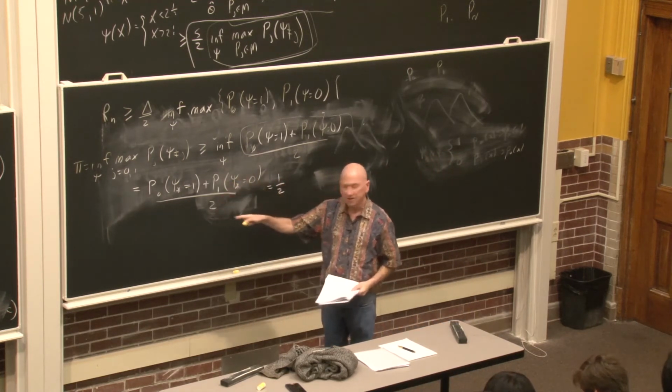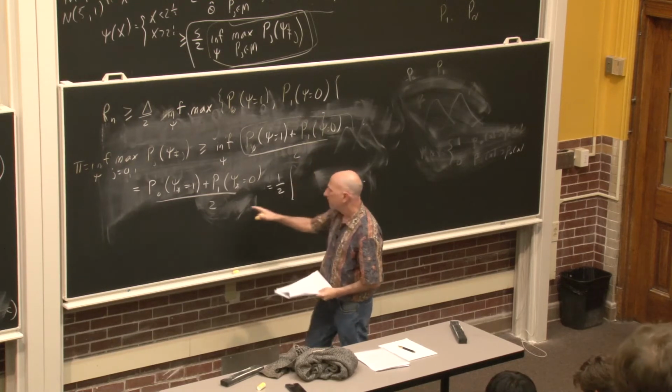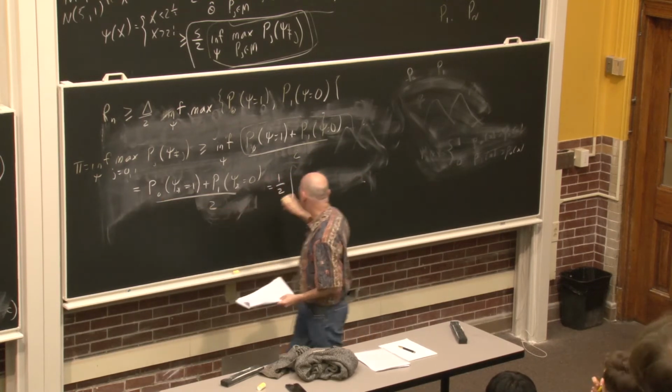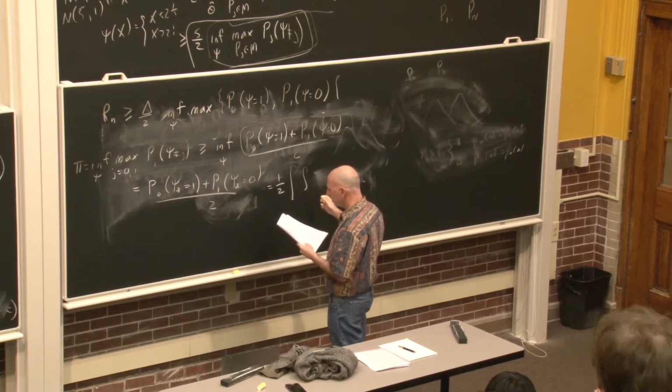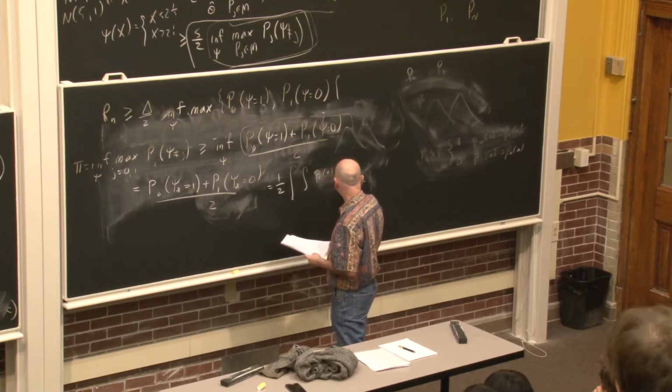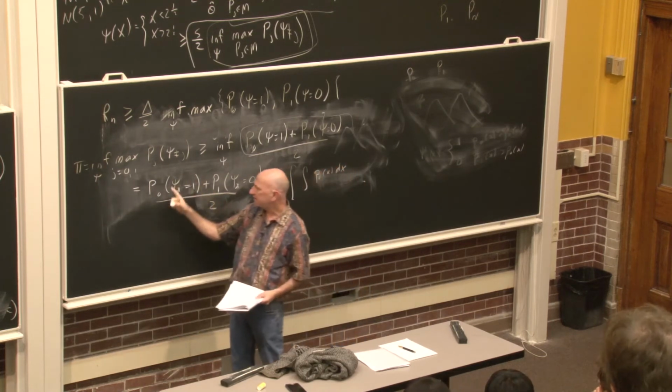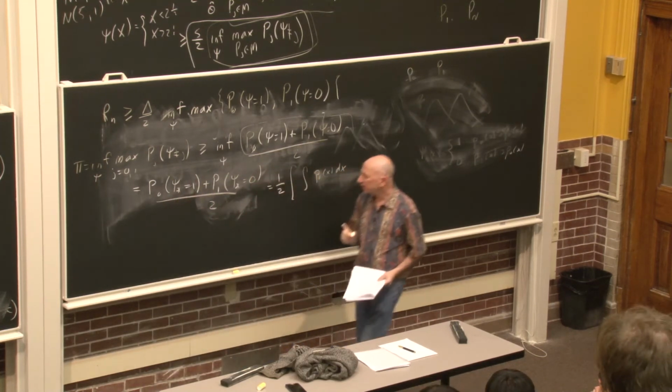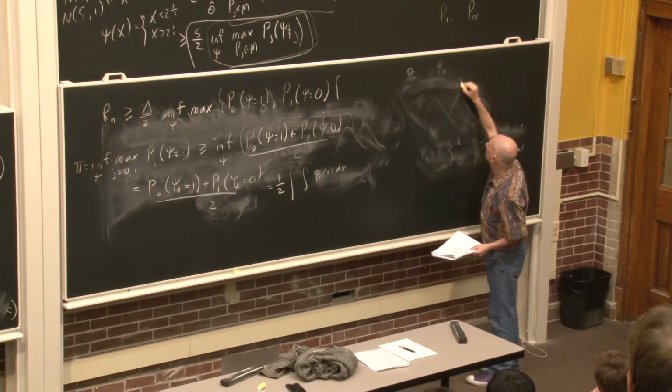Now let's write out what this is. This is a probability statement under P0. So this is simply the integral of P0 of x dx on the event that we've chosen wrong. Let me rewrite the Neyman Pearson test.